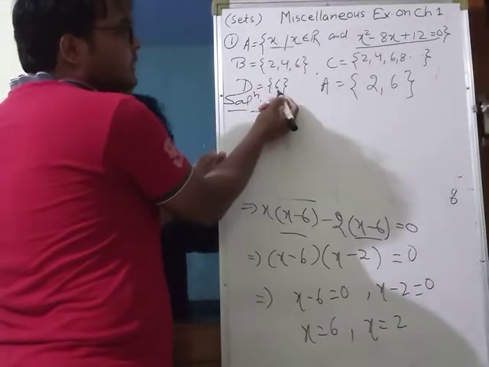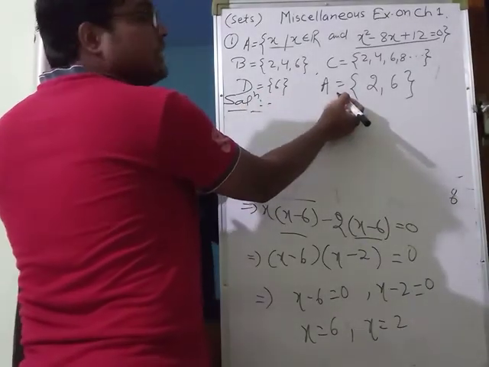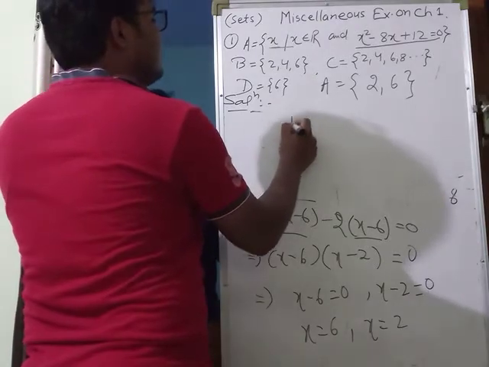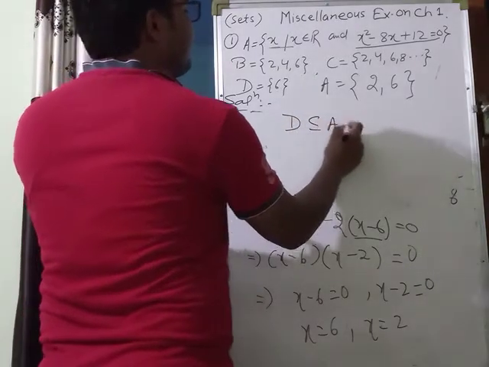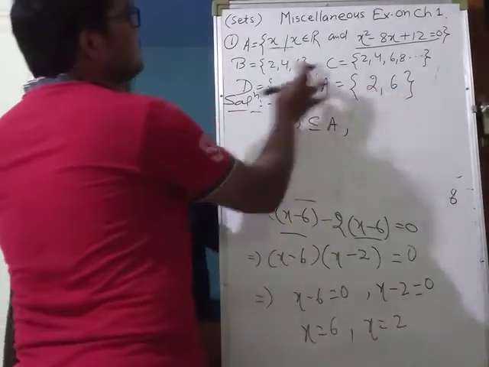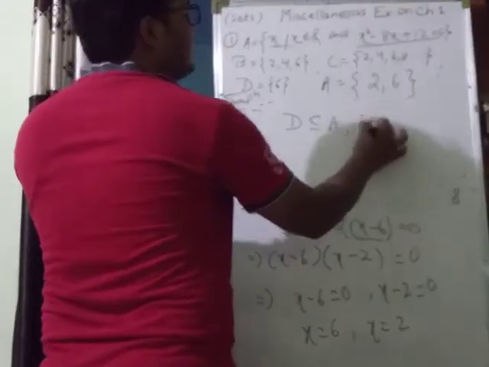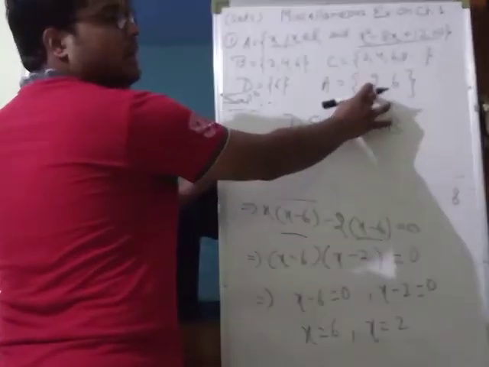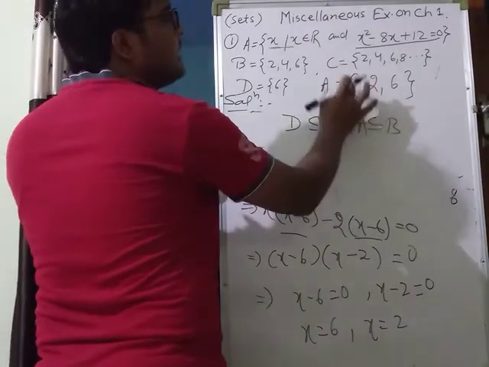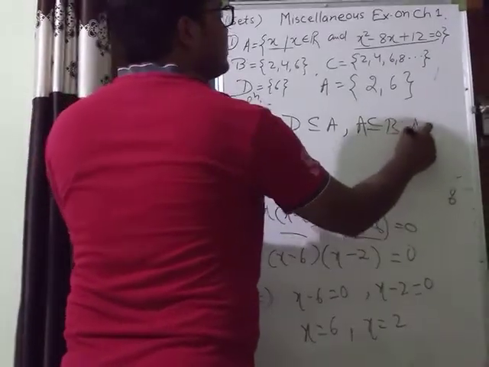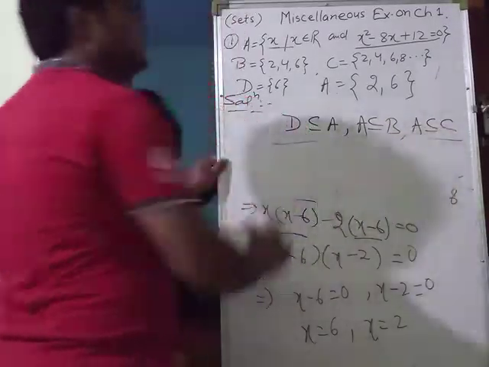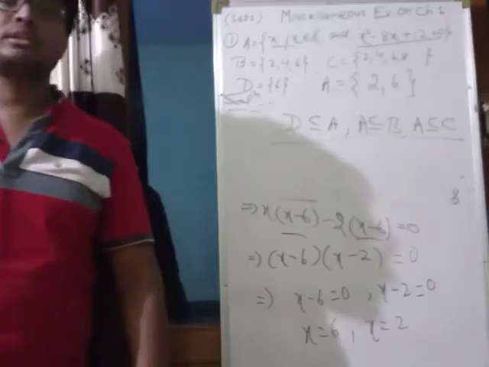D has only one element which also belongs to A, so D is a subset of A. A has two elements which belong to B, so A is a subset of B. And each element of A also belongs to C, so A is a subset of C also. So that is the solution of question number first.